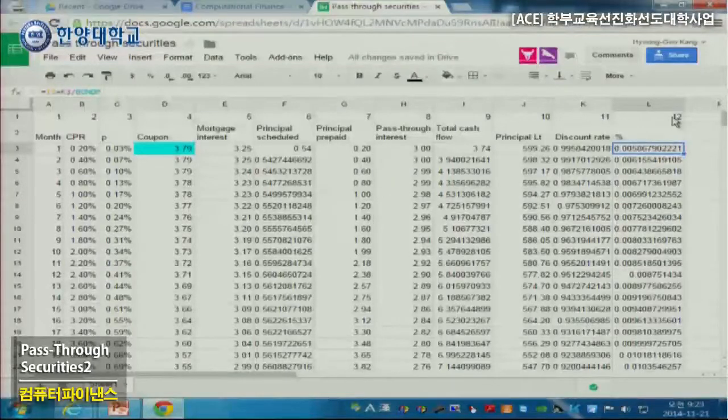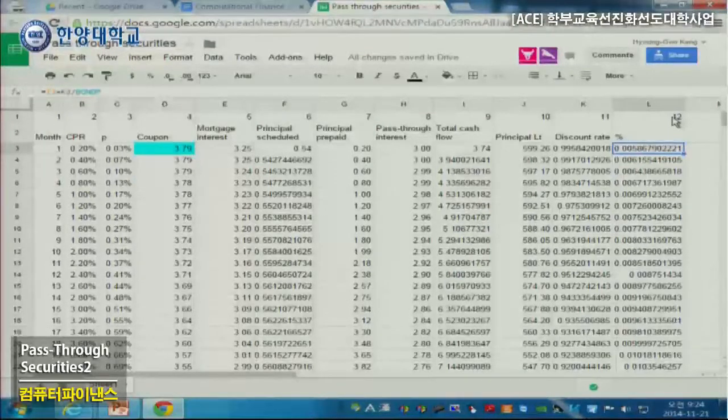Okay, and then as you know, duration, Macaulay duration is what? Macaulay duration is the weighted average of time to cash flow, right? And then time to cash flow is this one. So what I can do is multiply this one and this one. Then I can get a weighted average time to cash flow, right?